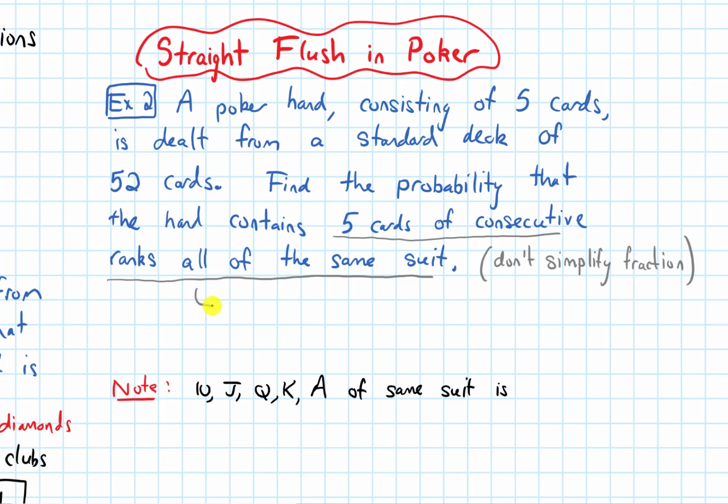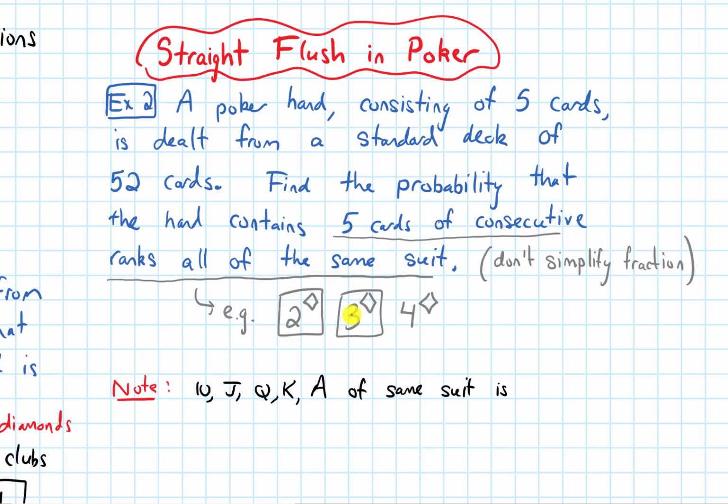So let me explain what this means with an example. So 5 cards of consecutive ranks, that just means the numbers keep going up by 1. So like 2, 3, 4, 5, 6. And they all need to have the same suit. So one example would be if you had a 2 of diamonds as one card, and then a 3 of diamonds as the next card, and then a 4.